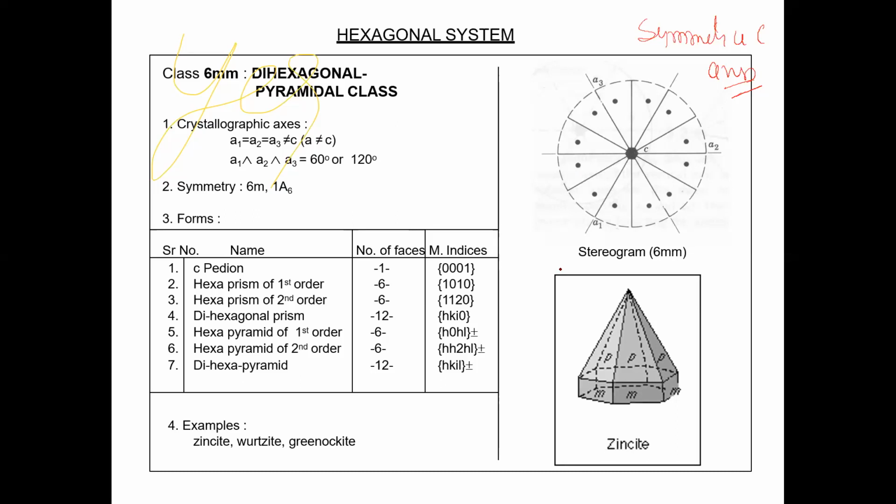All right, 1A6, right. The number of two-fold symmetry present here is how many? Everyone, please.